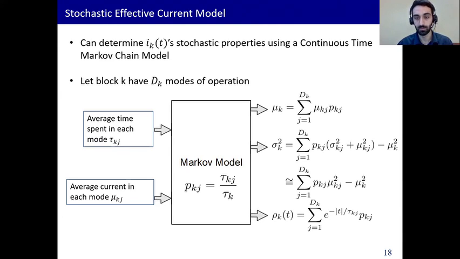Notice that we have used the term sigma squared_kj. This is an estimate of the variance within each mode. If it exists, the model accounts for it. However, since it is hard for users to provide that estimate, it can be safely set to 0 and leads to the approximation given by the equation that follows. And finally, the Markov model can determine the correlation coefficient of the process I_k. We will make great use of this function when we deal with the general case, as we'll see later.